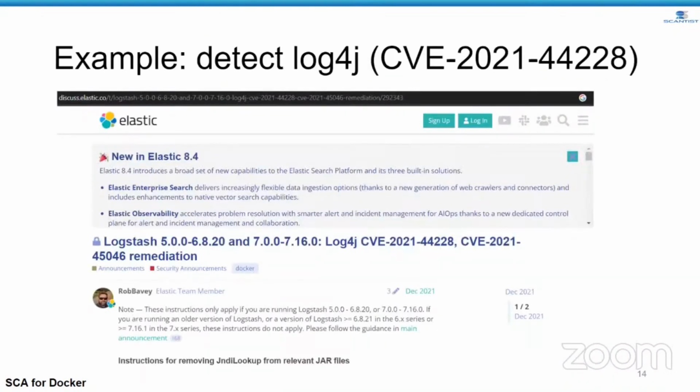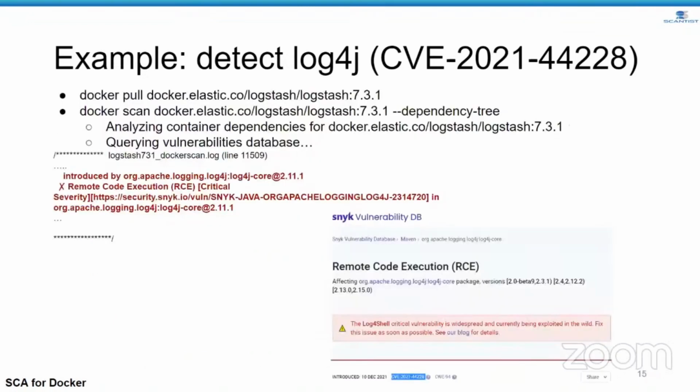Here is an example of how to use Docker scan to find the issues in your image. For example, here I just give an example: an image for Elastic Logstash. It's a very commonly used image. And versions 7 through 7.16 have the Log4j project inside. So we just trigger all these commands.